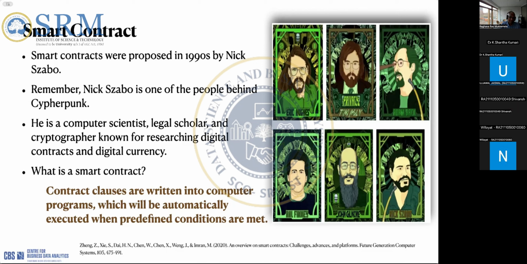Basically, this is specifying the clauses of a contract using programming languages so that you can execute them automatically. Based on certain preconditions, you specify when the contract has to be executed, and if one of the preconditions is met, the contract will execute automatically. That is the idea behind smart contracts.